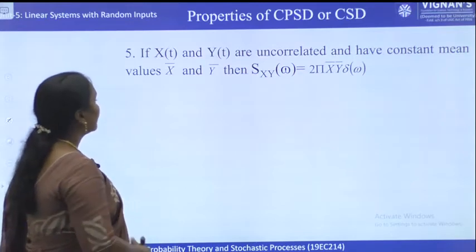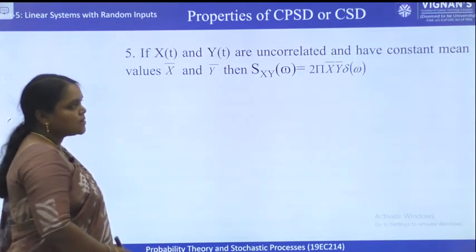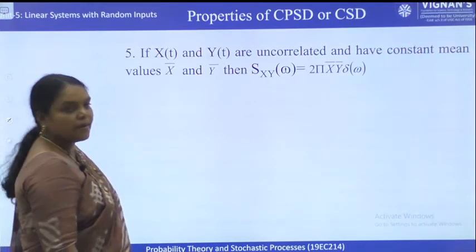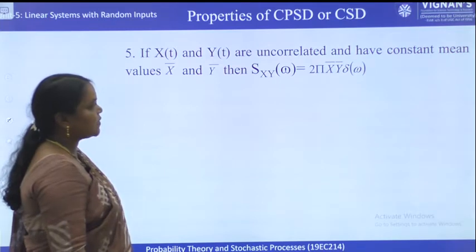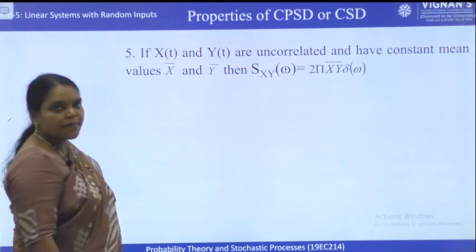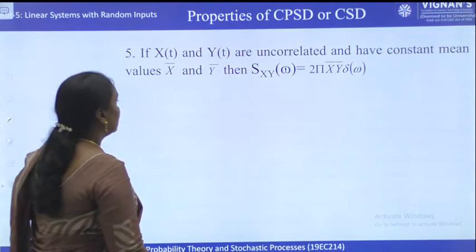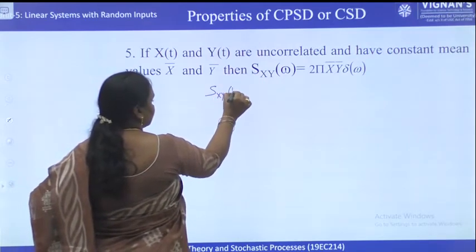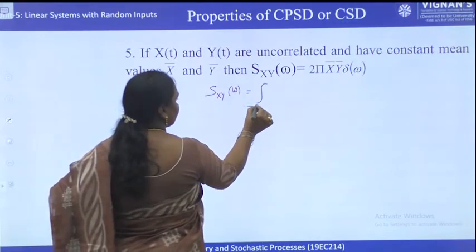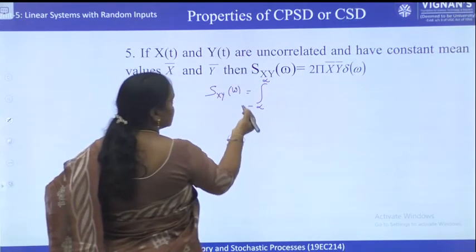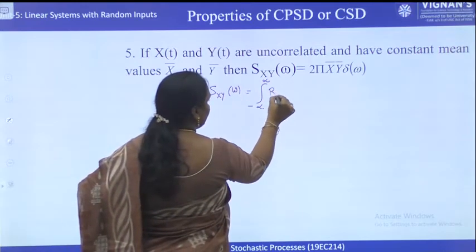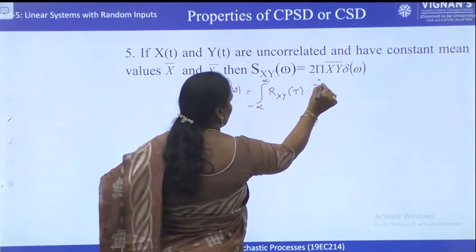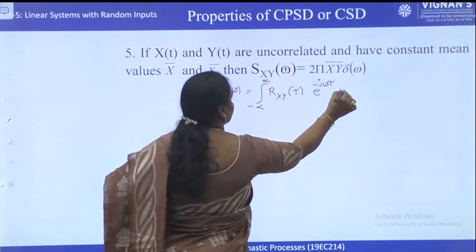And next one: if x of t and y of t are uncorrelated and have constant mean values x bar and y bar, then S xy of omega is equal to 2 pi x bar y bar del of omega. Again I am writing the definition of S xy of omega. It is the Fourier transform of the cross correlation function: integral minus infinity to infinity R xy of tau e power minus j omega tau d tau.